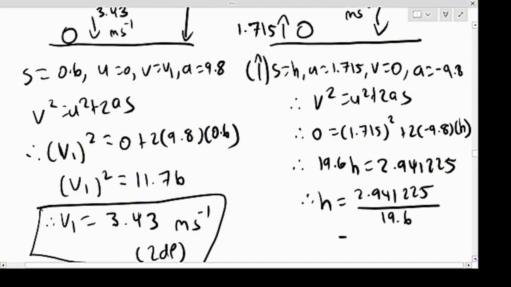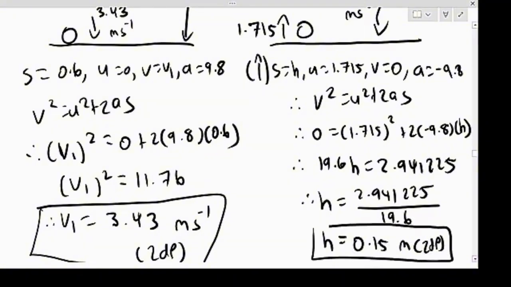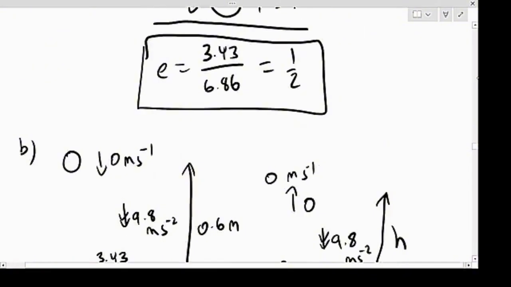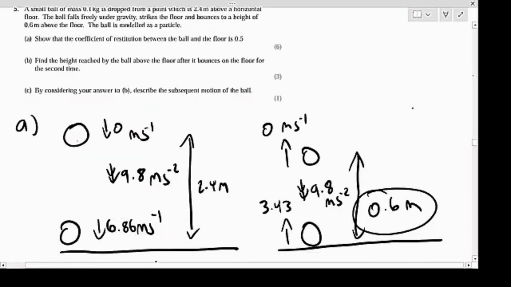That will get me 0.15. Okay, and there we are. 0.15 meters. That's the height after the second bounce, which is what they wanted.